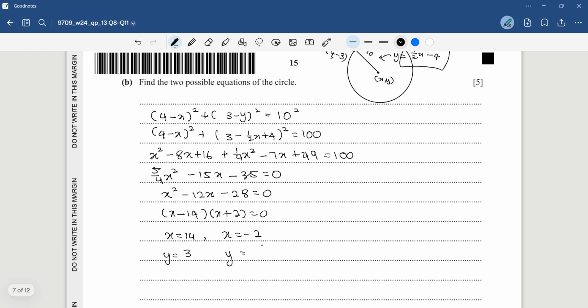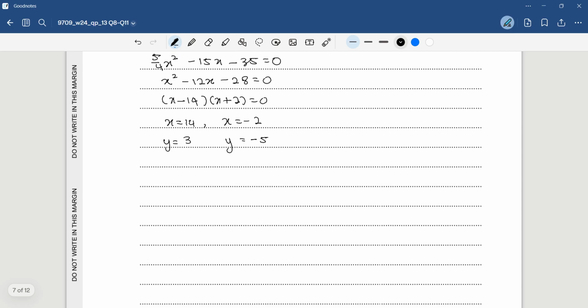When x equal to negative 2, y equal to negative 5. Therefore, the two equations of the circle will be (x minus 14) square plus (y minus 3) square equivalent to 100, and another one will be (x plus 2) square plus (y plus 5) square equal to 100.